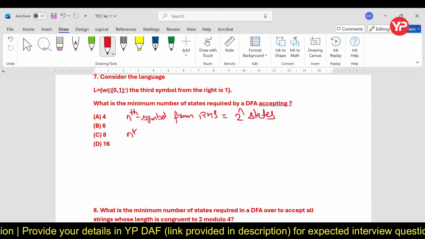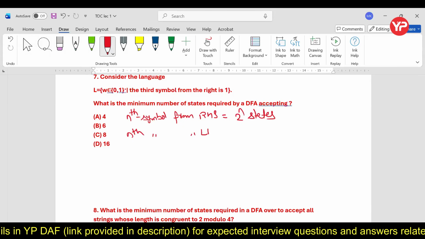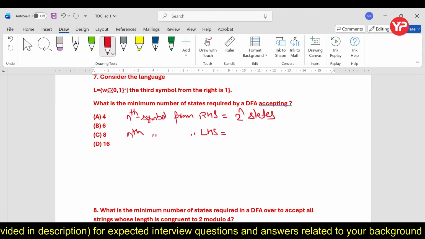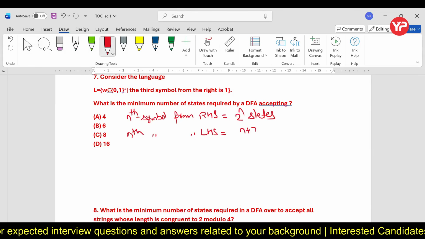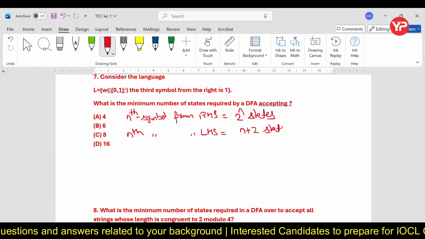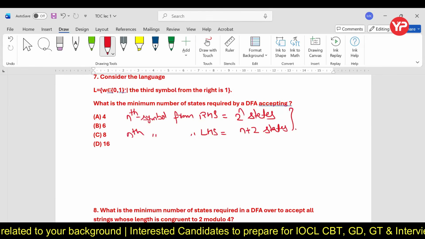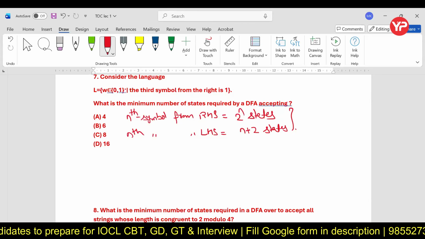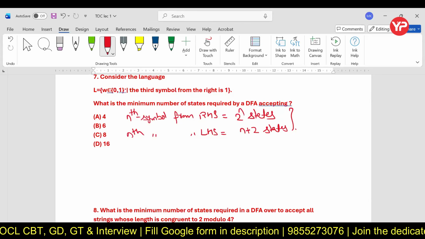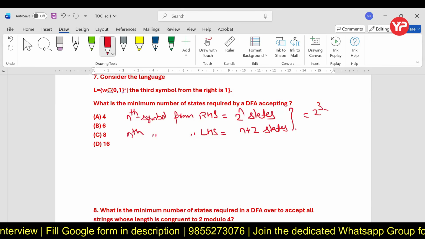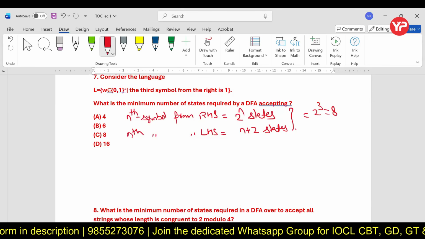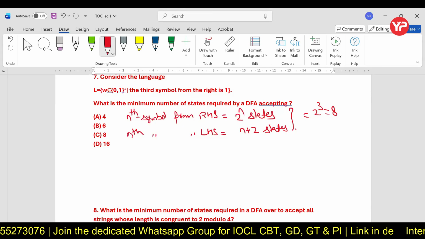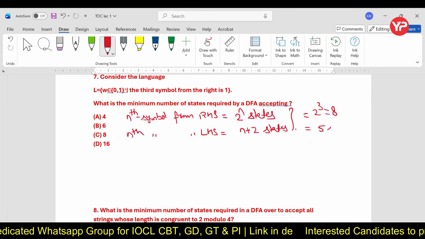And if I talk about the nth symbol from the left hand side, keep in mind my dear students, it requires n plus 2 states always. So in our question, the minimum number of states required for a DFA from RHS, the third symbol, we require 2 power 3 equal to 8 states. Fine. And in the case of LHS, it requires 5 states.